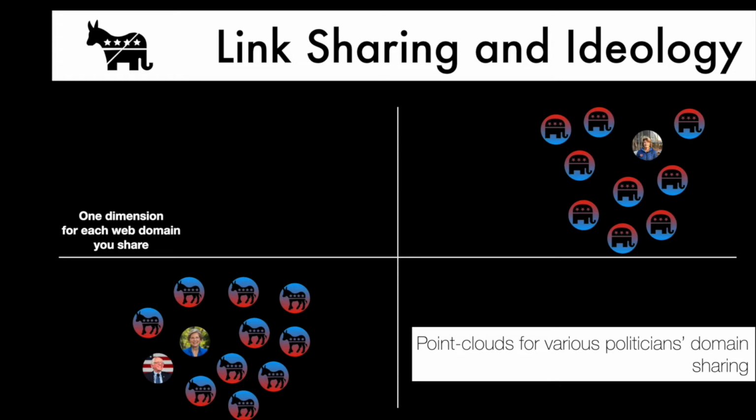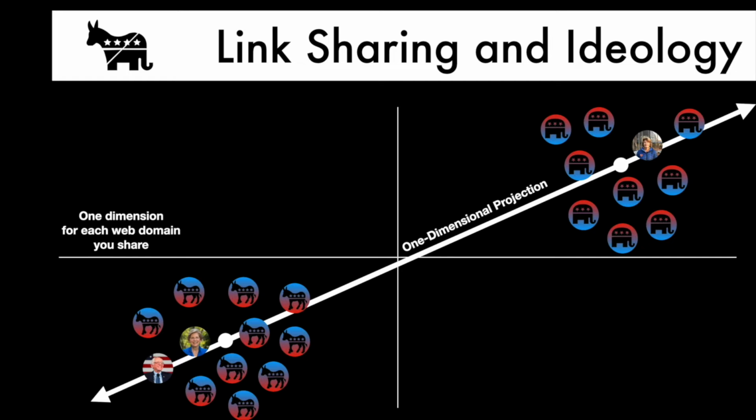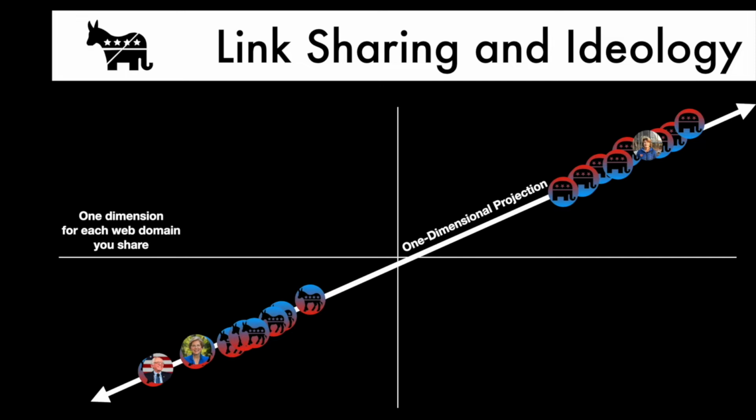And in these two clusters, there's some cluster center, and we can draw some line between these two cluster centers. And then we can project these individuals down onto this line and end up with essentially a one-dimensional projection of their political persuasion or ideology on this one line.